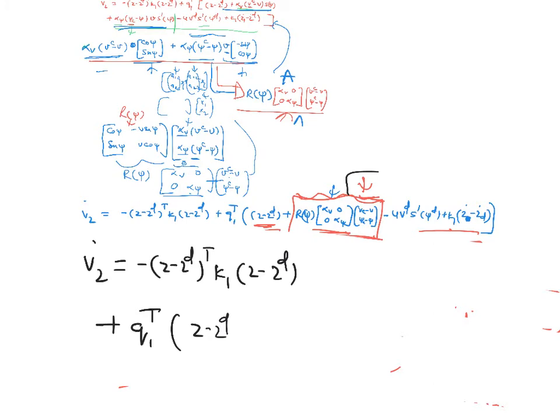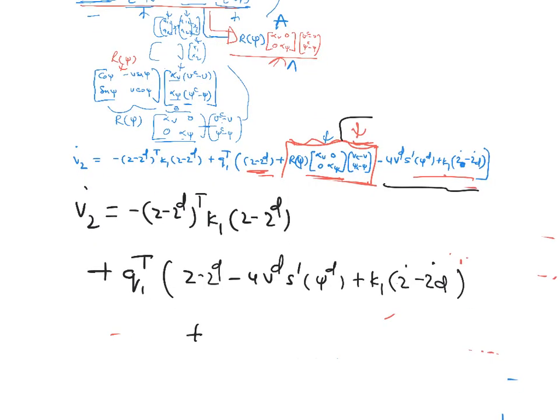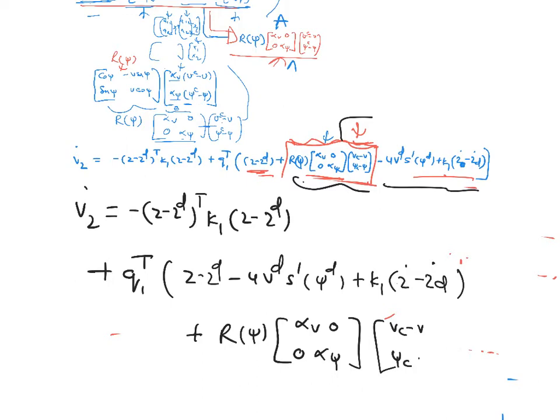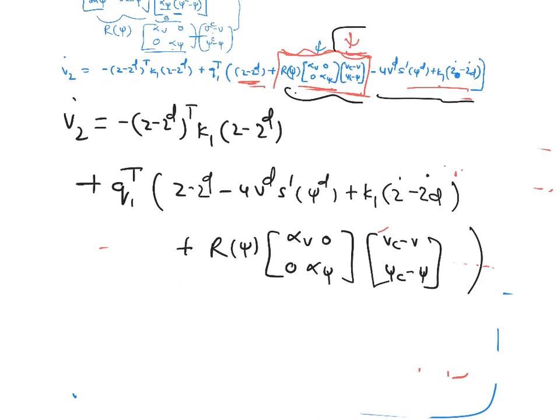Z minus Z desired and all the rest of this term, minus U V desired S prime psi desired plus K1 Z dot minus Z desired dot. Plus this term plus R psi alpha V0 alpha psi, V commanded minus V, psi commanded minus psi. So this is it, right? So what we are saying is this is Q2.